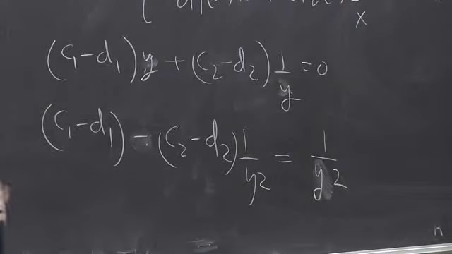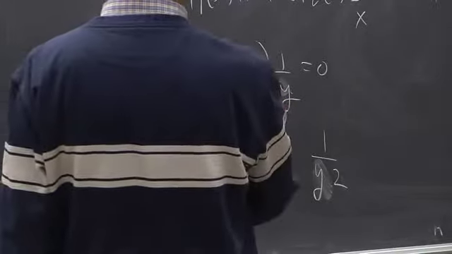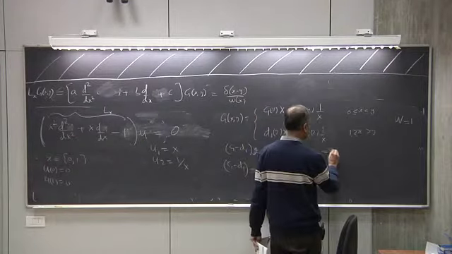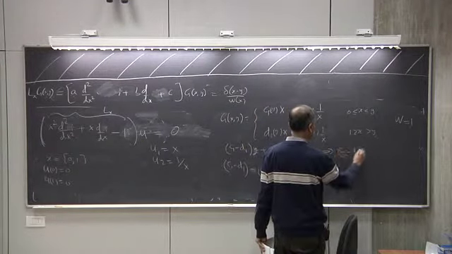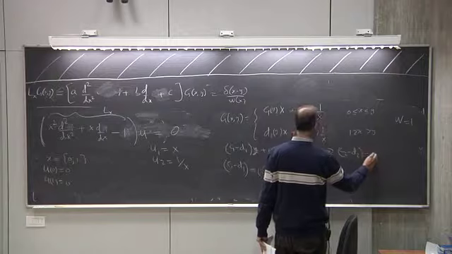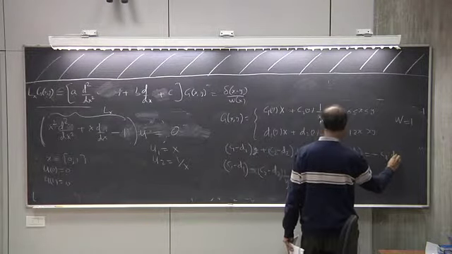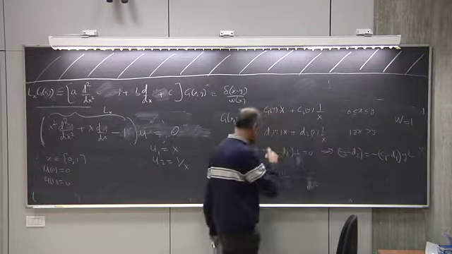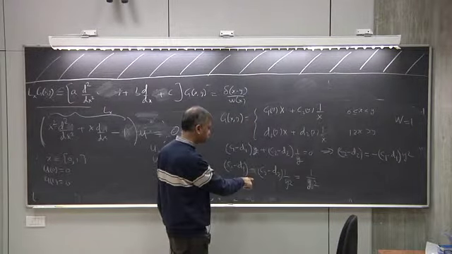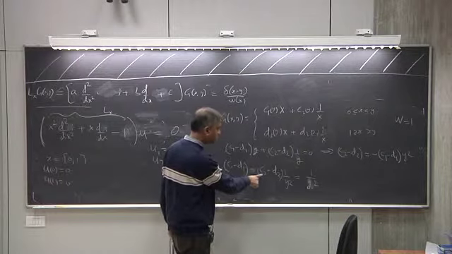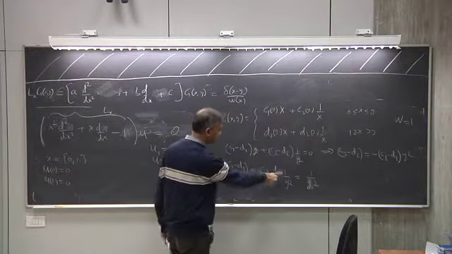So this equation tells me that c2 minus d2 equals minus (c1 minus d1) times y square. And for this equation, you substitute that. So c2 minus d2 is minus (c1 minus d1) times y square.